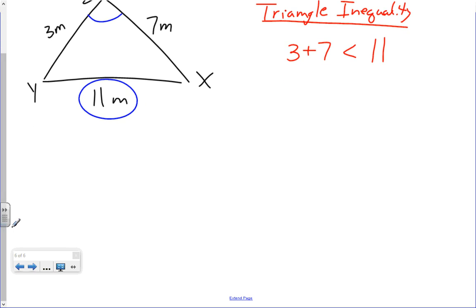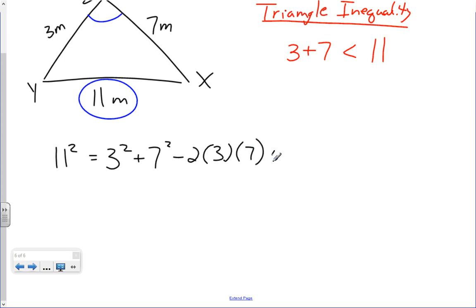But let's suppose maybe we didn't recognize that. So what happens? Let's suppose we start out with the law of cosines and set this up the same way, but it'll be 11 squared this time is equal to 3 squared plus 7 squared minus 2 times 3 times 7 times the cosine of angle Z. Go through and solve this the same way.